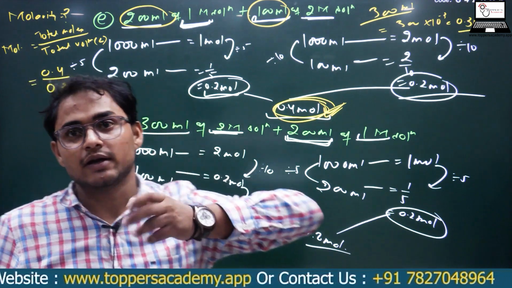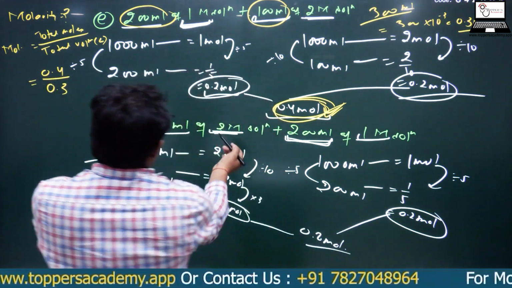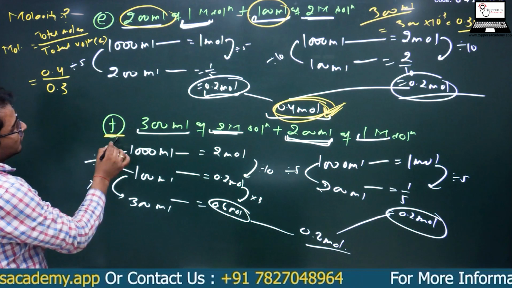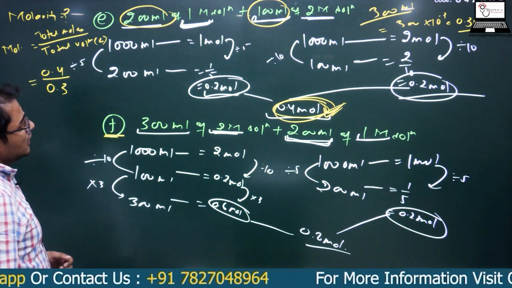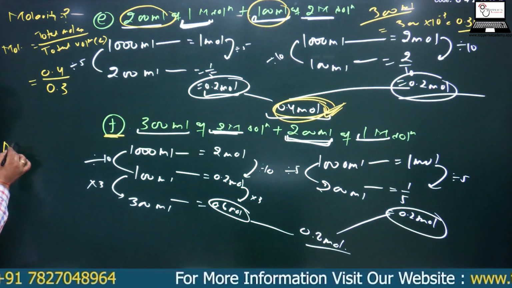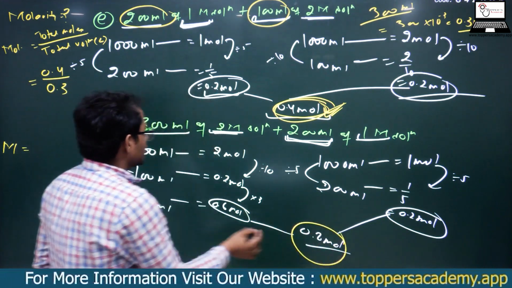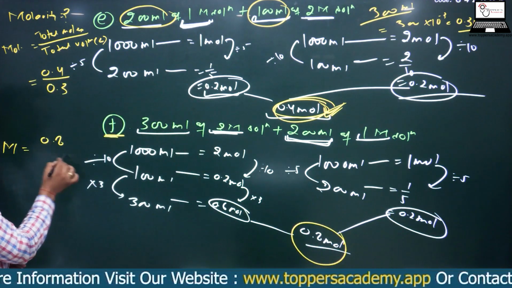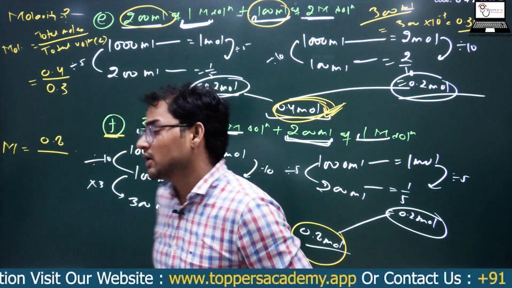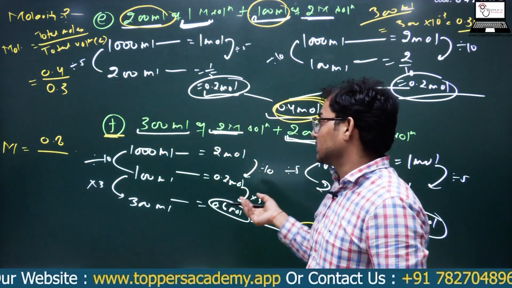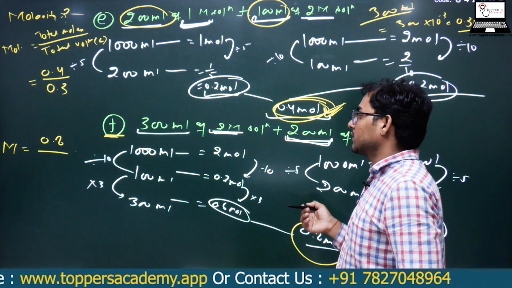Now if you want to calculate molarity for this mixture of two solutions, obviously molarity will be equal to total moles of solute, that is 0.8, right? So 0.8 upon the volume of the total mixture of this solution. It is now a new solution, right?